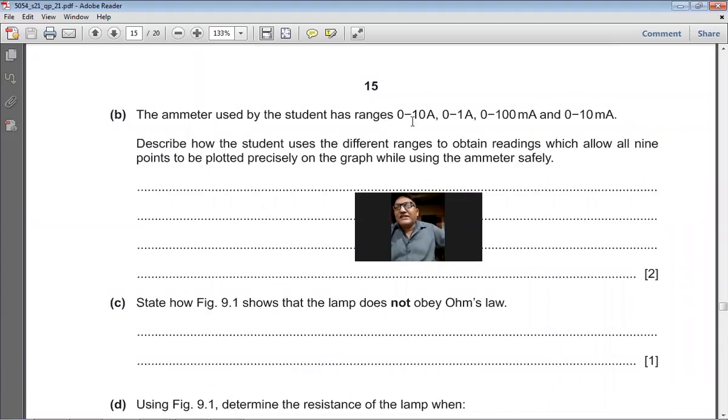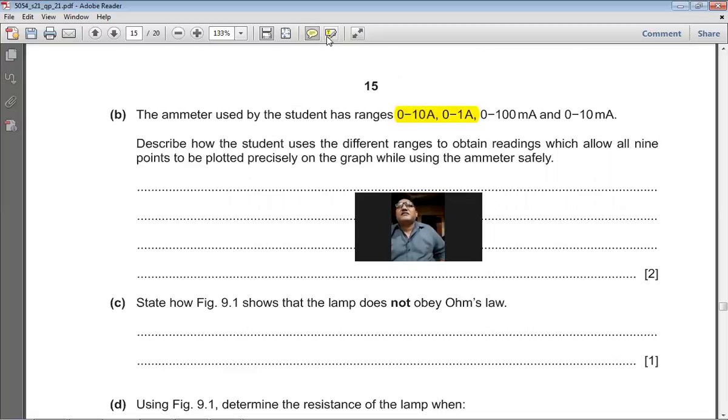So you cannot use these. These two cannot be used. We can only use these two. Okay.